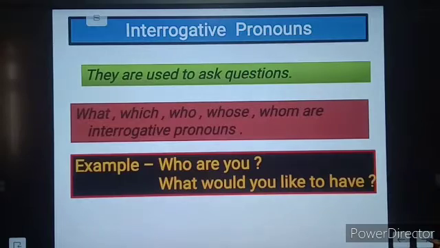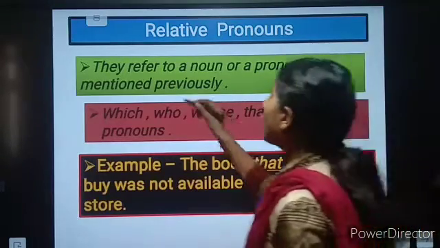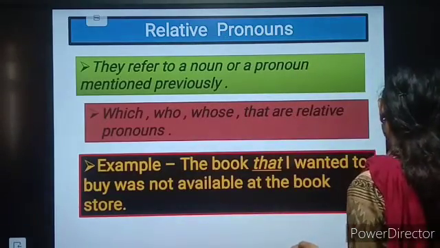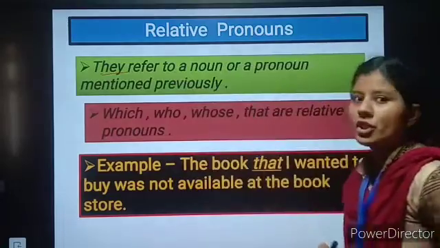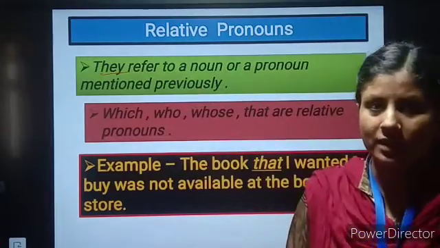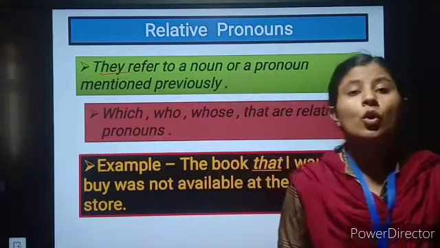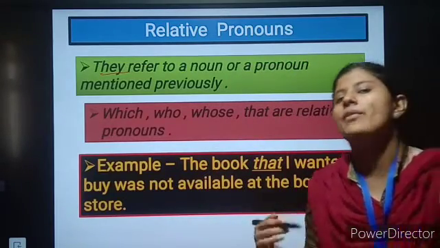Now the next one is relative pronoun. They refer to a noun or a pronoun mentioned previously. Okay, when we are talking about the relative pronoun, it means the person is already mentioned previously in the sentence. For example, if I say the girl who was sitting in the park is my friend.